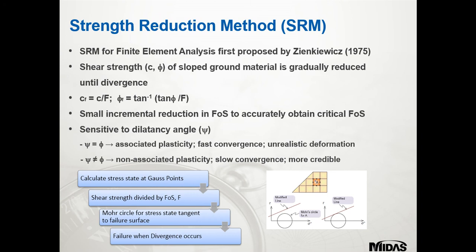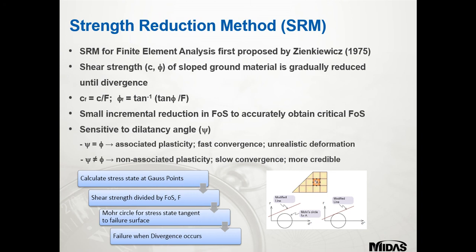When the dilatancy angle is equal to the internal friction angle, the yield surface and plastic potential surfaces are equal, making the stiffness matrix symmetric. This would cause faster convergence in analysis, but it might give unrealistic deformations. When the dilatancy is lower than the friction angle, the computation time increases slightly, but the deformations are more credible. The figure at the bottom illustrates the process of obtaining the critical factor of safety.